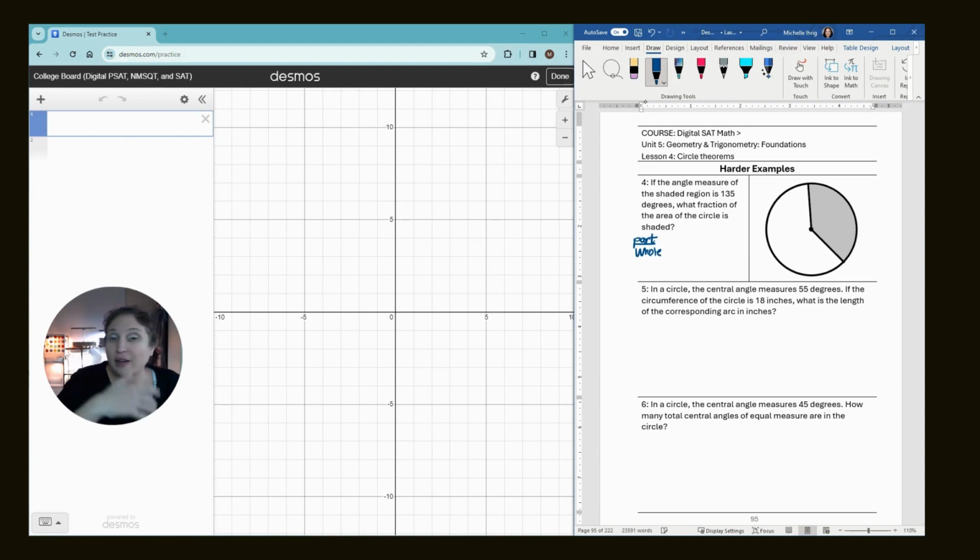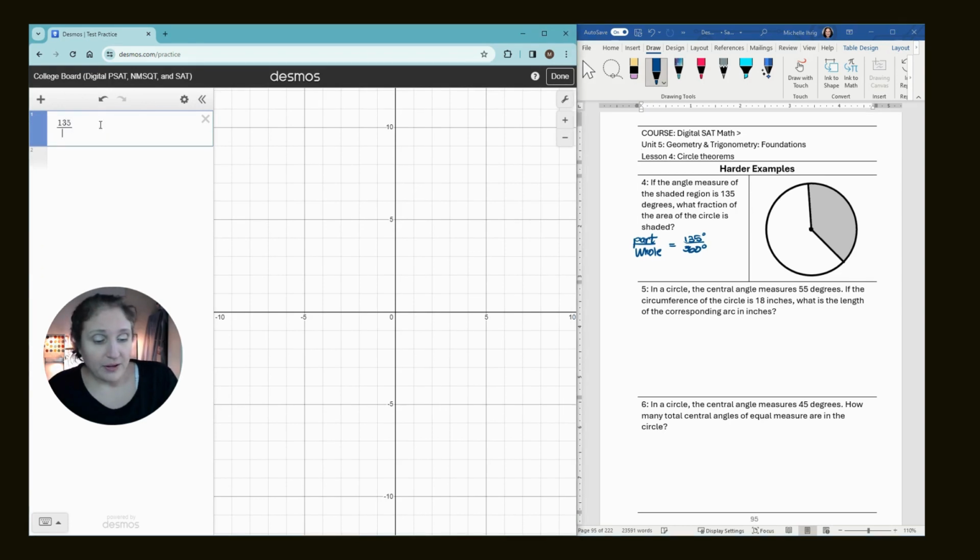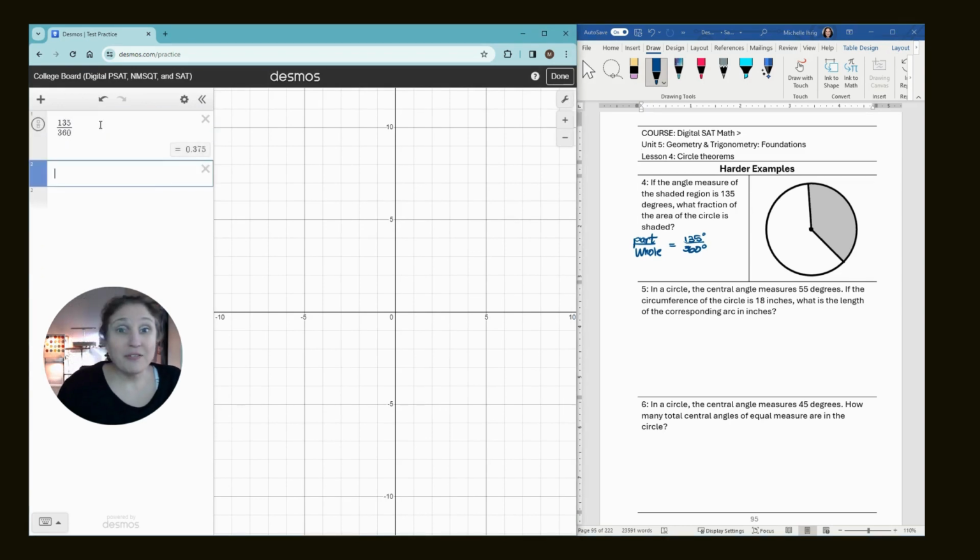So instead of being like 1/5, I'm making up the number, we're just putting 135 degrees divided by 360 degrees in the circle. They even tell you that. We're going to go over here, 135 divided by 360. We're left with a decimal, but it says what fraction is it? So you're just going to click this button, and there's our fraction, 3/8.